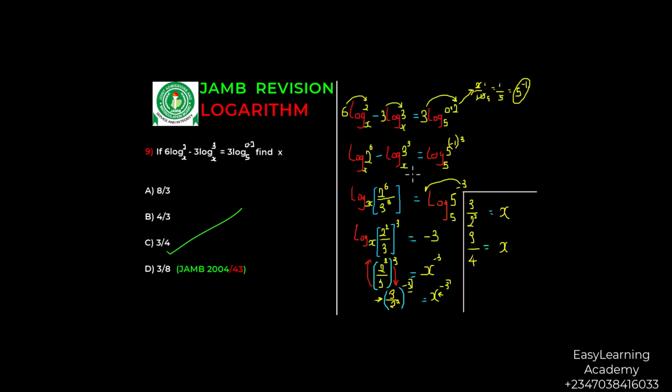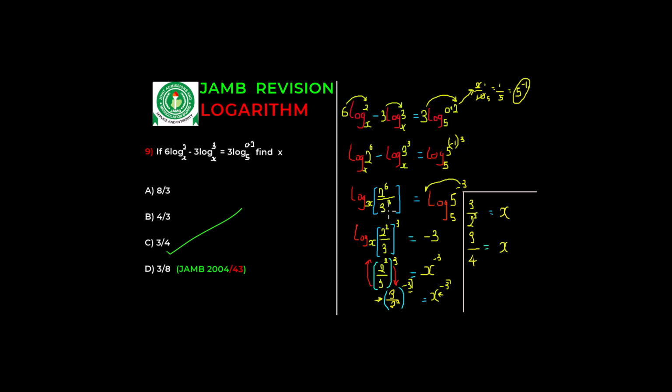Then we observed on the other side that log base x is common, so we pull out one log base x, and where we have minus, it now became 2 raised to the power of 6 divided by 3 raised to the power of 4. Remember that this 3 became the power, so the new power will be minus 3 because we replaced our 0.2 with 5 raised to the power of minus 1.